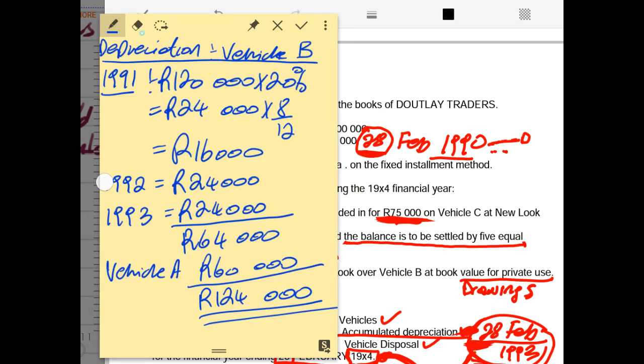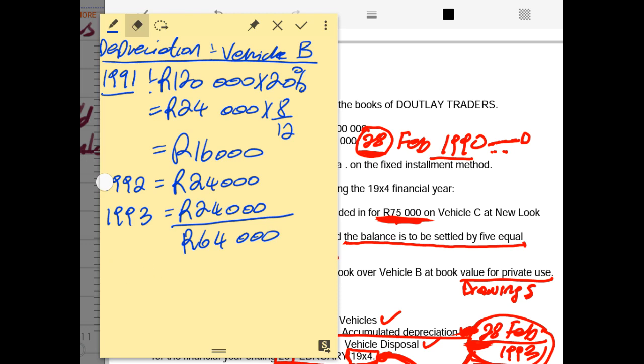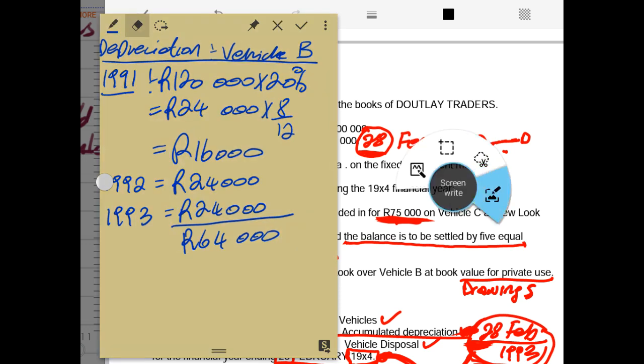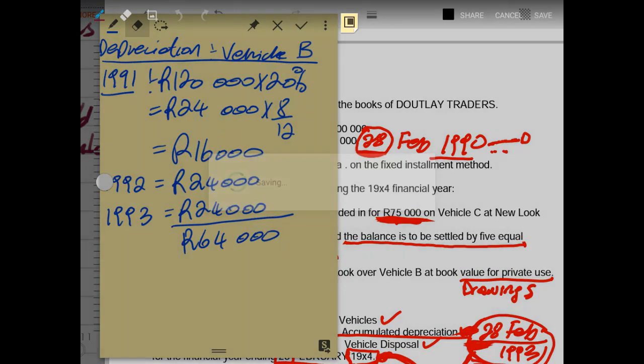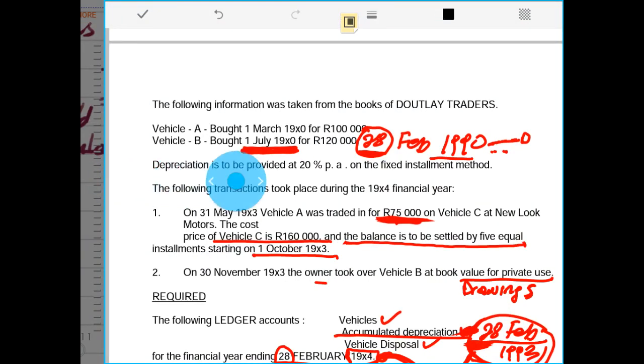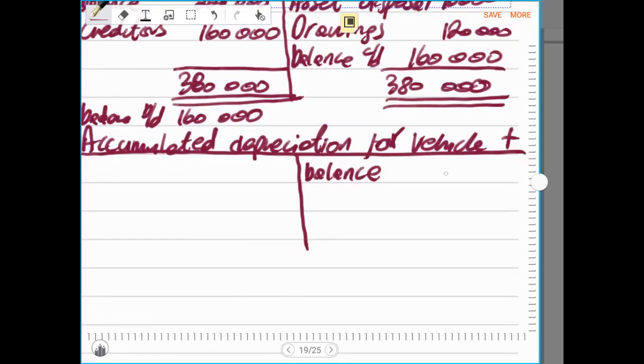I will do that when we arrive at that stage. Let us just continue with the ledger account. So our opening balance of the accumulated depreciation will be 24,000 rands as I have shown you. Then after, we need to calculate depreciation for the current year.